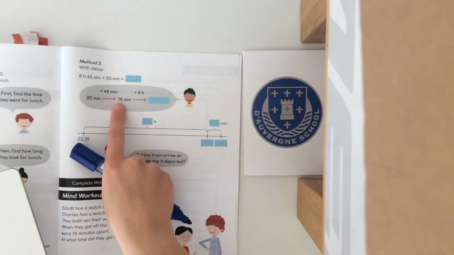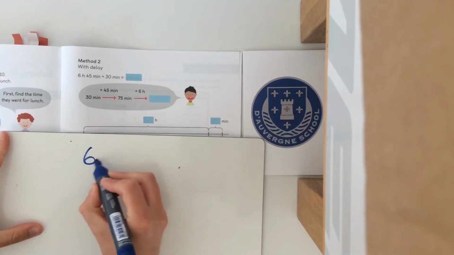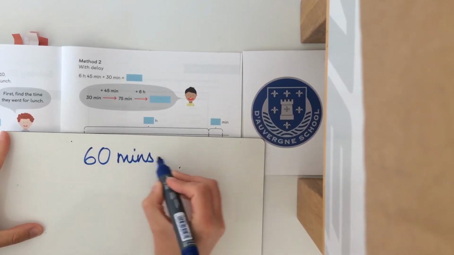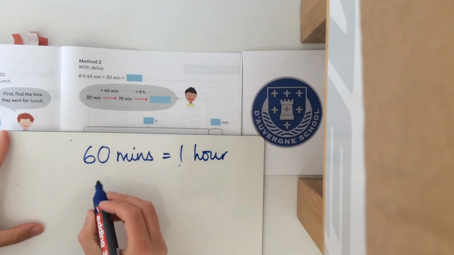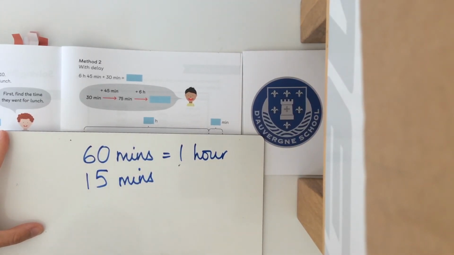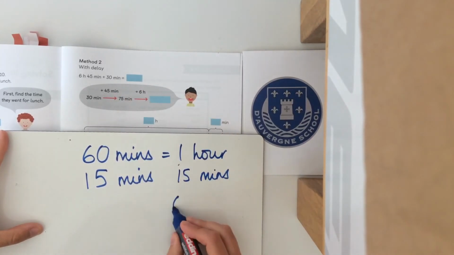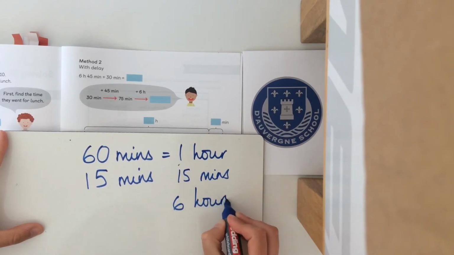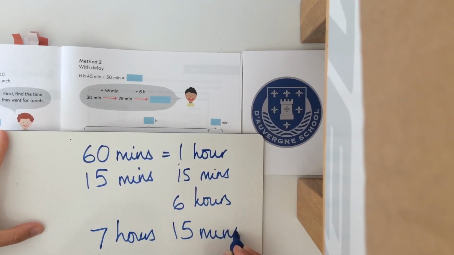Let's see if we can convert this into hours. So we know that 60 minutes equals 1 hour, and we've got 75 minutes. So then we've got an extra 15 minutes that we need to add here. So we've got 1 hour and 15 minutes, add 6 hours. So altogether we've got 7 hours and 15 minutes.